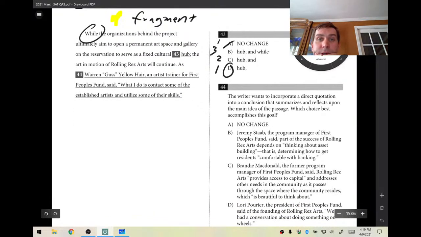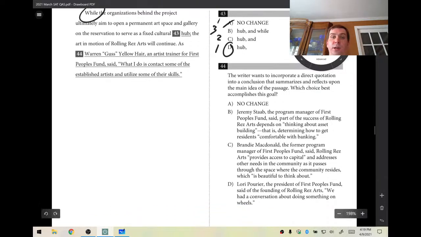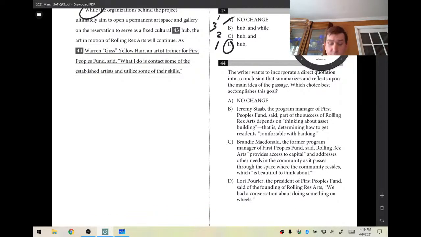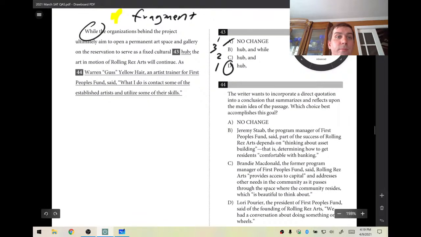44. Here's the last question for the writing passage. The writer wants to incorporate a direct quotation into a conclusion that summarizes and reflects upon the main idea of the passage. Which choice best accomplishes this goal? I'm going to read the wrong answer choice, which is as written. As Warren Gus Yellowhair, an artist trainer for First Peoples Fund, said, what I do is contact some of the established artists and utilize some of their skills.